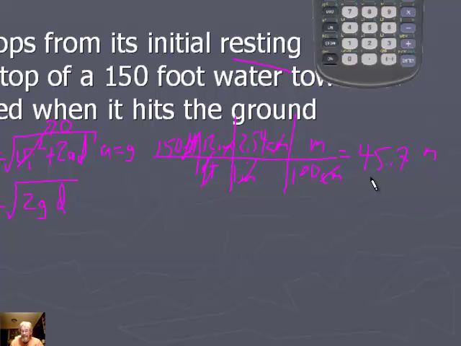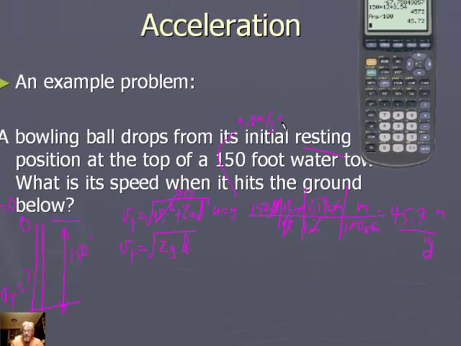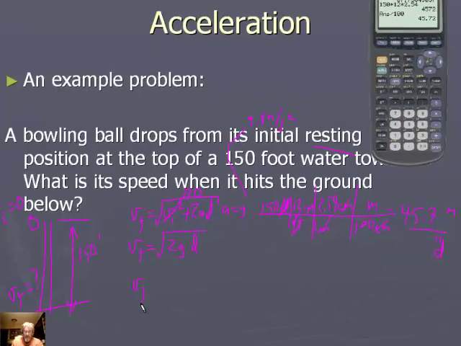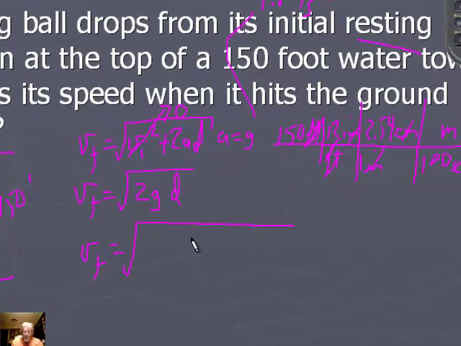So that's my d, and a is g, which is 9.8 meters per square second. So I'll plug all that in here to tell me that my final velocity is the square root of 2 times 9.8 meters per second squared times my distance of 45.7 meters.